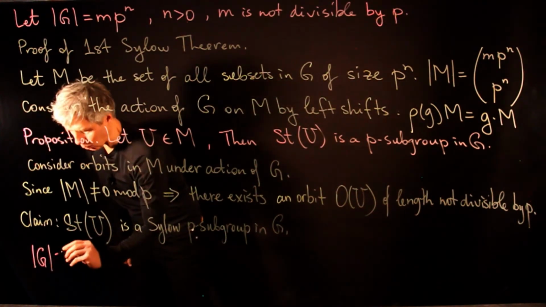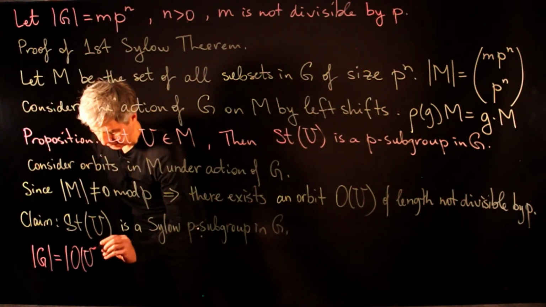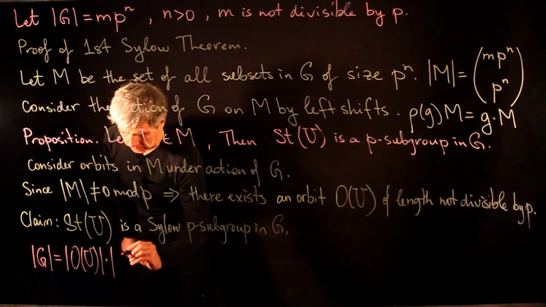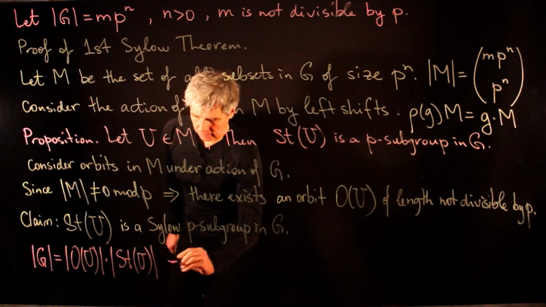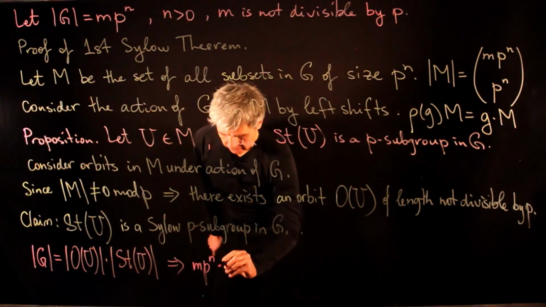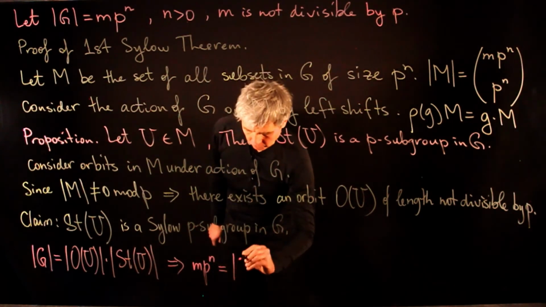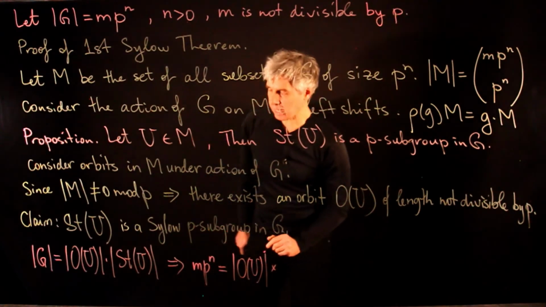So we know that the order of G is equal to the length of the orbit of an element times the order of the stabilizer of the element. Now, in this case, the order of the group is m p to the power n, and this equals the length of the orbit times the order of the stabilizer.